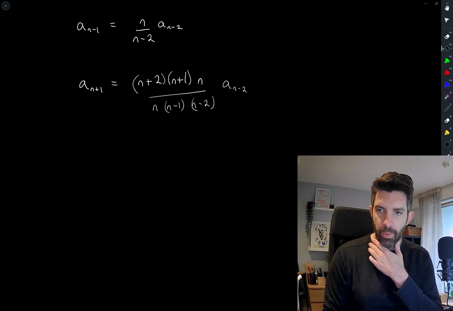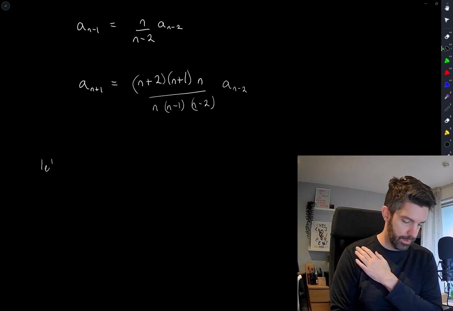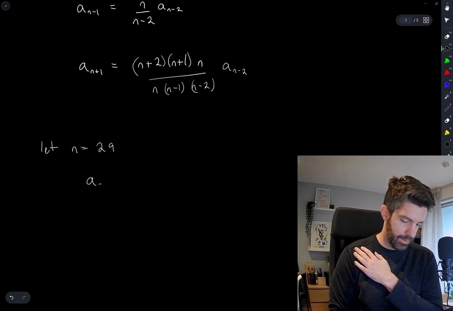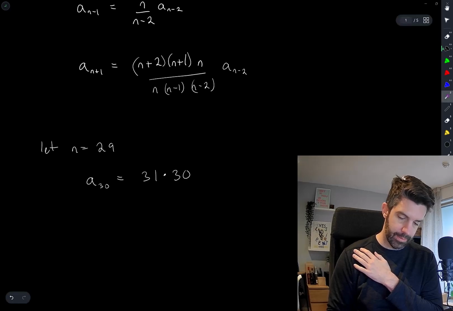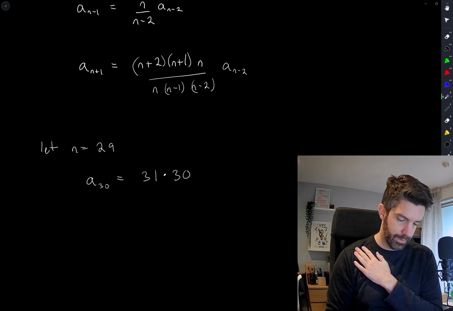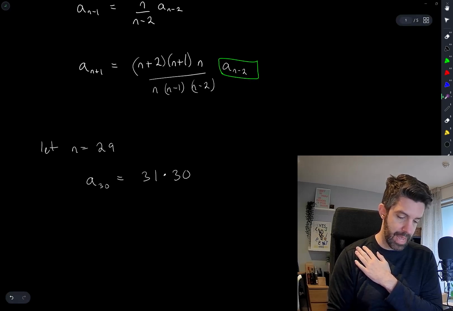So what I want is a_30. So let's let n be equal to 29. This says that a_30 is equal to 31 times 30, and then a bunch of these are going to cancel, but I should also be left with, how many times do I have to do this resubstitution until I want this to be a_1?